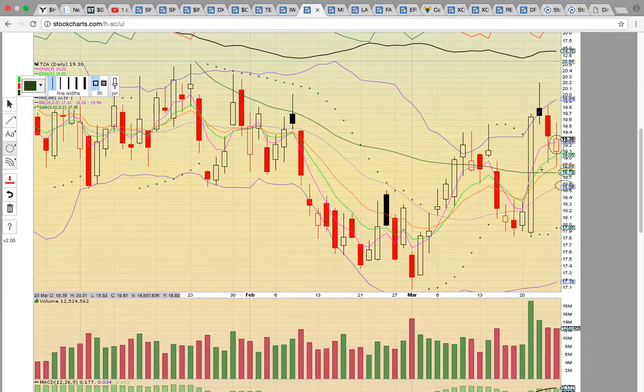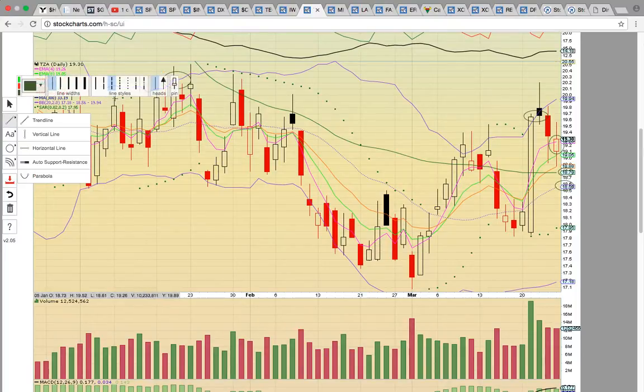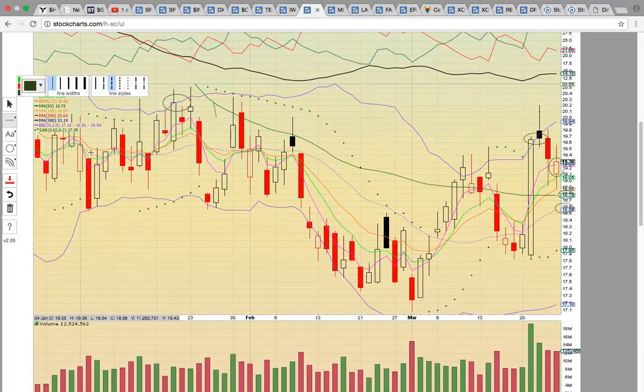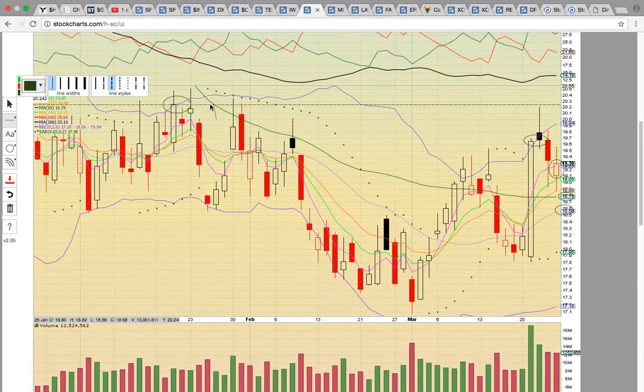As long as candles are forming above the middle Bollinger Band and the 50-day simple moving average, there'll be more upside potential. The 19.60 to 19.70 range is going to be the key level to break. If it can break out above that, then you're looking at the close back here in January as the key level to break. Yeah, back here, this high close at the 20.25 zone will be the next key level.